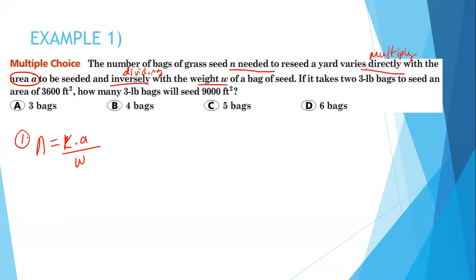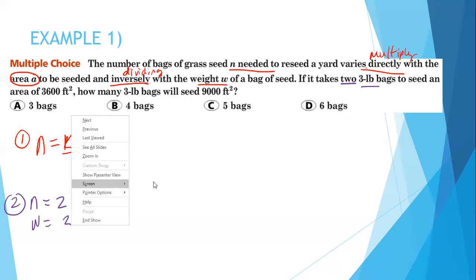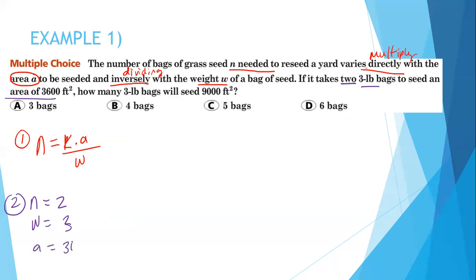Step 2 is to use the given information to solve for our K. Based on what we read here, it says it takes 2 3-pound bags, so we know the number of bags is 2. We know that the weight of the bag is 3, and we know the area that it's covering is 3,600. Do I have enough to solve for my K? I do.